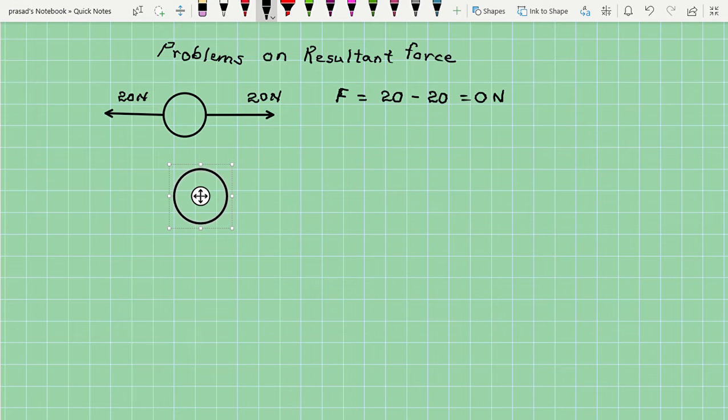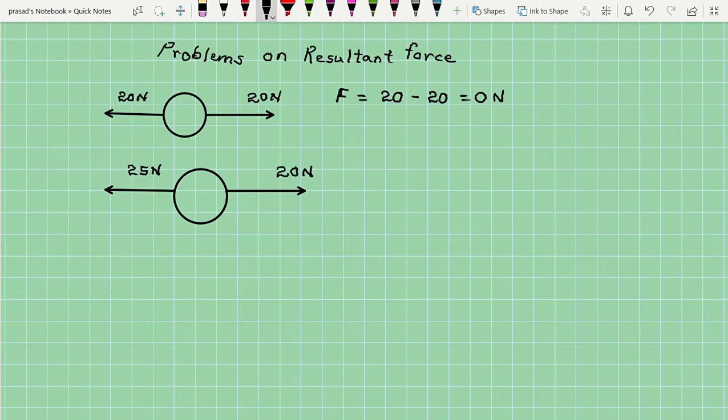Now let us consider another example here. On this object, there are two forces acting. One force of 20 Newton acting towards right and another force of 25 Newton acting towards left.